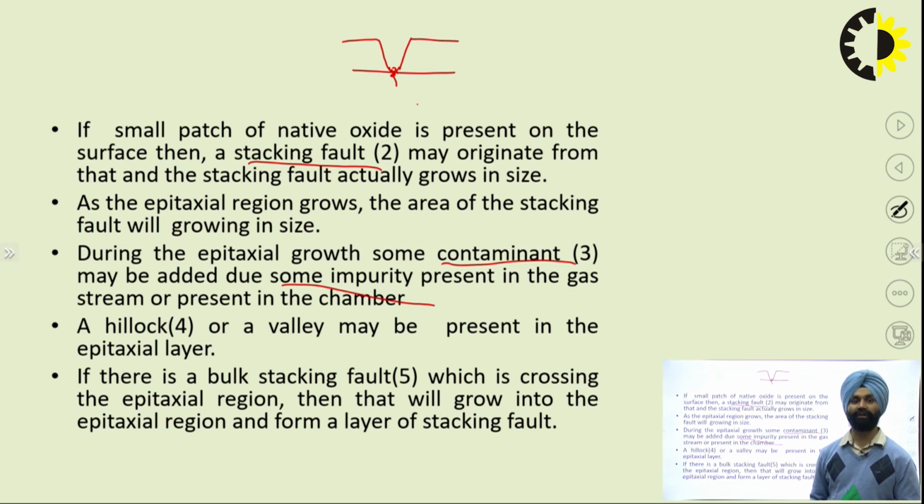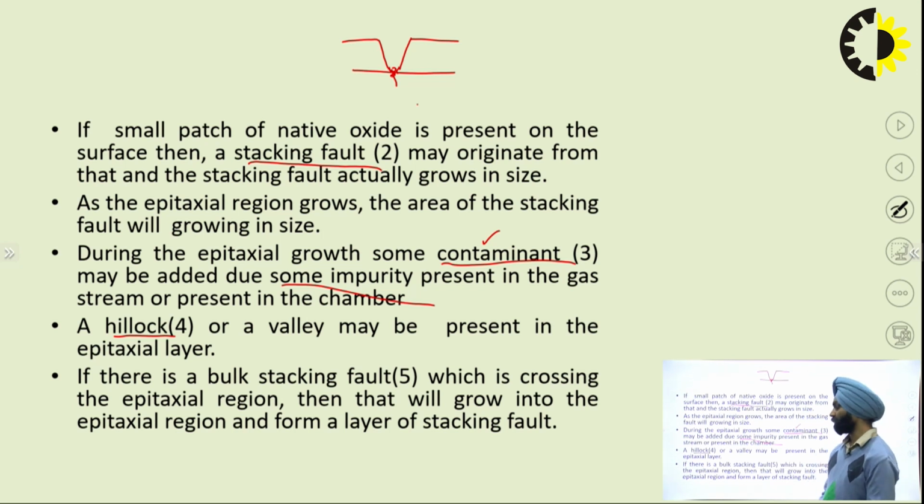So this gives all the possibilities. Next is the hillock or a valley that may be present in the epitaxial layer, which may be due to the presence of another type of contamination in the wafer, or due to irregular concentration of the gas.